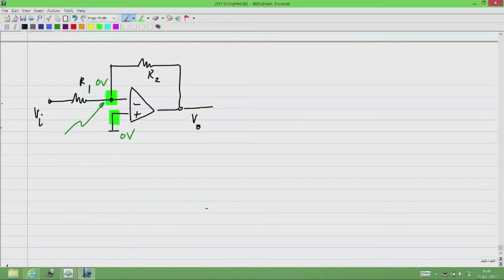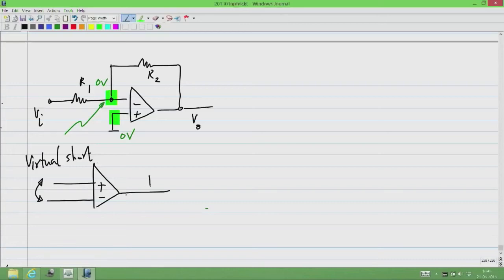So remember, in case of an ideal op amp, there is a virtual short between these 2 points. Okay. But no current flows into the op amp. Okay. So in this case also, no current flows into the op amp.